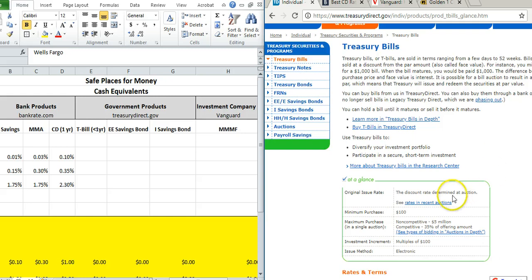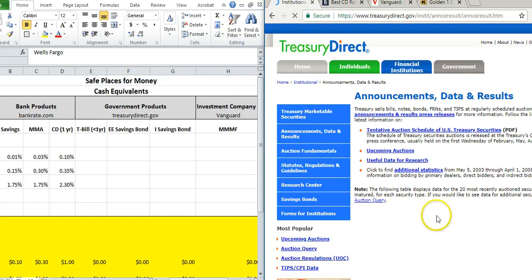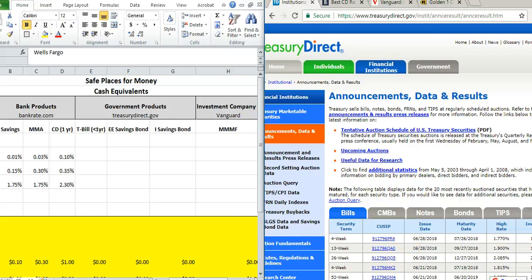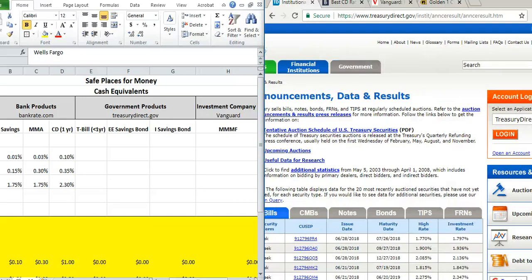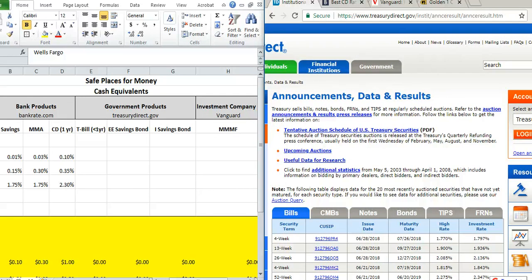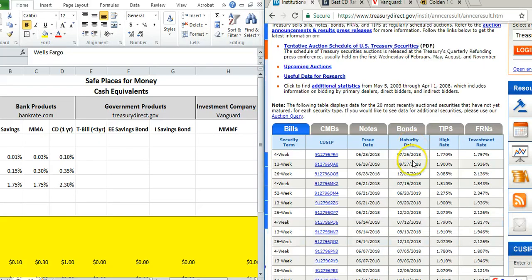If you want to buy T-bills and the interest rate is attractive to you, then you can set up an account and buy them. So, currently, the rate on T-bills, so we're going to be looking at bills right here, which are not notes or bonds.